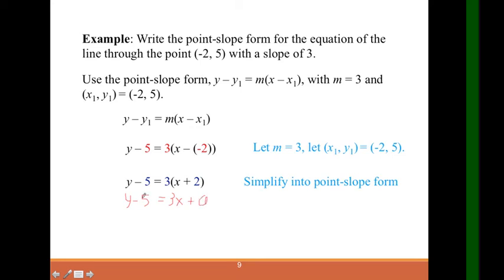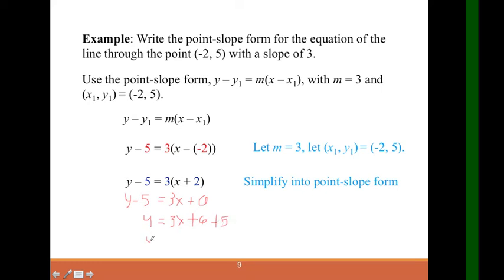Next, we will transpose -5 to make it a slope-intercept form. So, y equals 3x, right? Plus 6, and then plus 5. Kasi, our 5 is negative. So, when you transpose the number -5, it becomes positive 5.